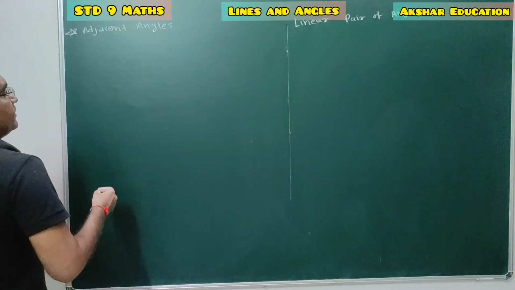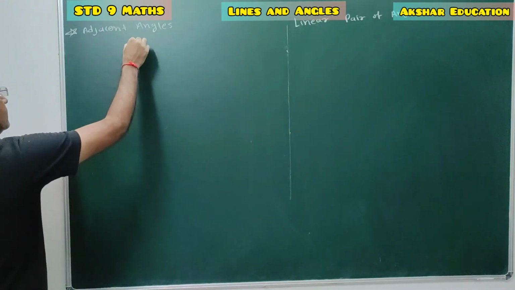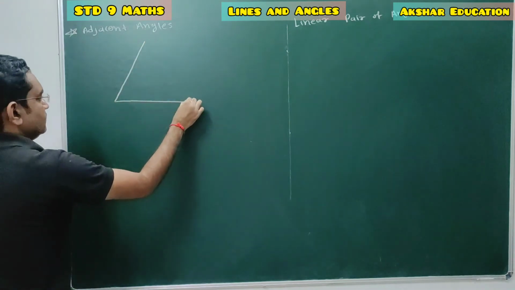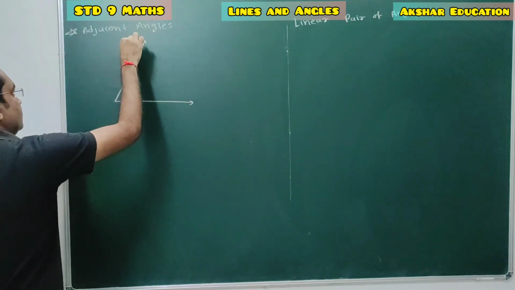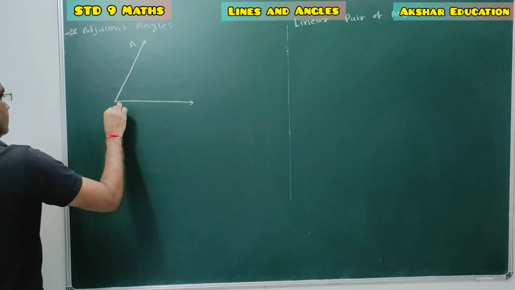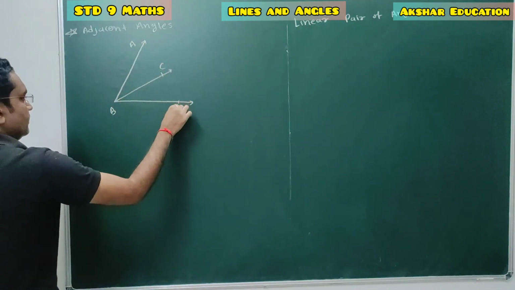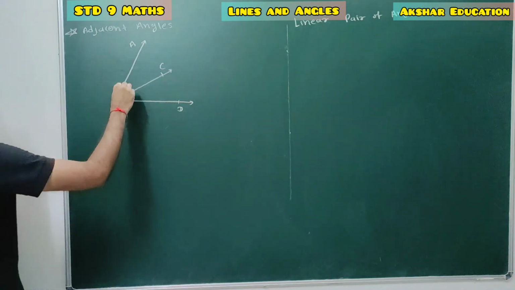Next type is adjacent angle. So what is an adjacent angle? Consider two angles, angle ABC and angle CBD. These are the two angles.